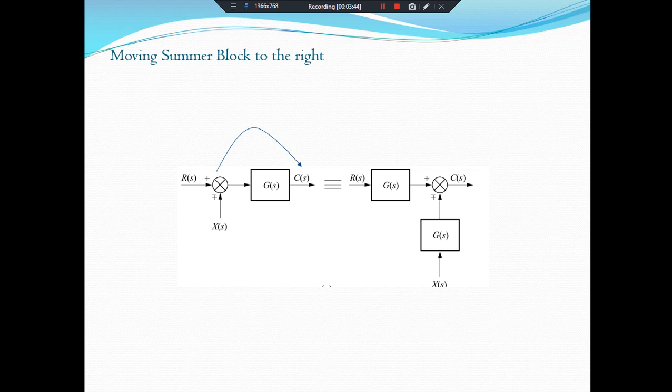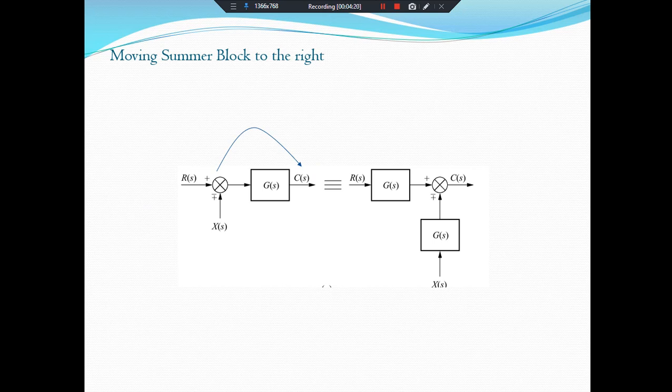So what will be the effect of moving a summing junction before or after a subsystem? In case one, we move our summing block to the right. What is the purpose of moving this summing junction to the right of the subsystem? Basically, the purpose is just to maintain our system in standard form.